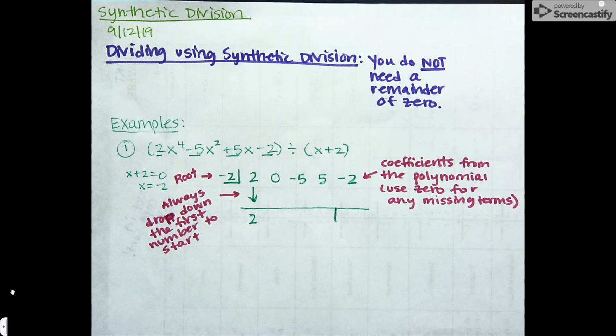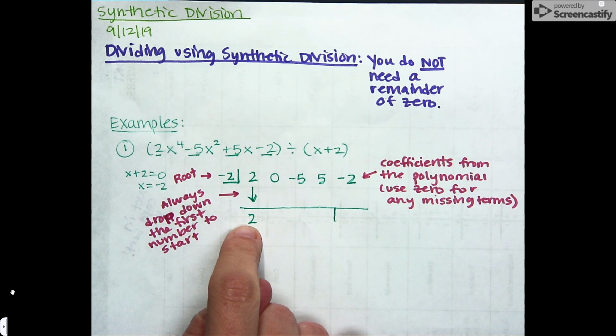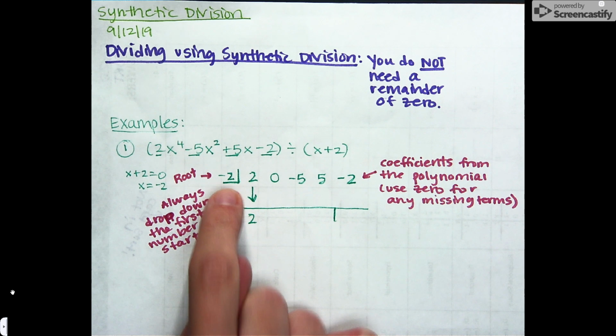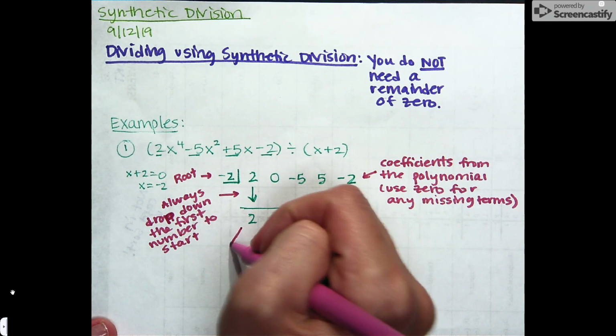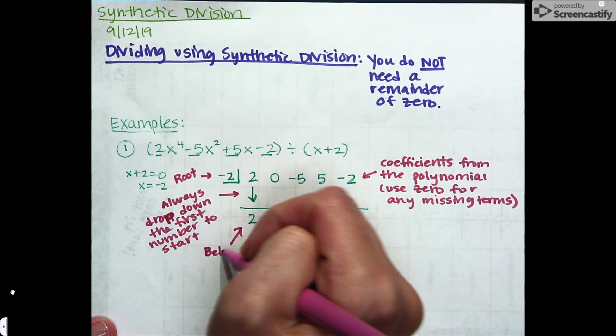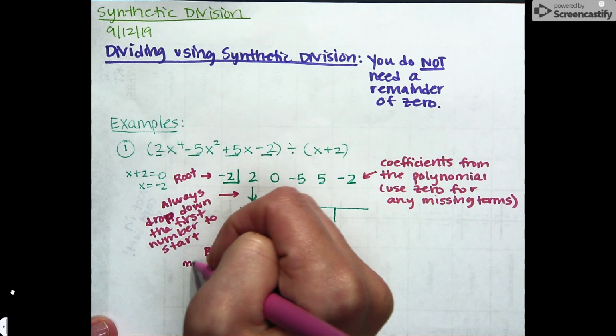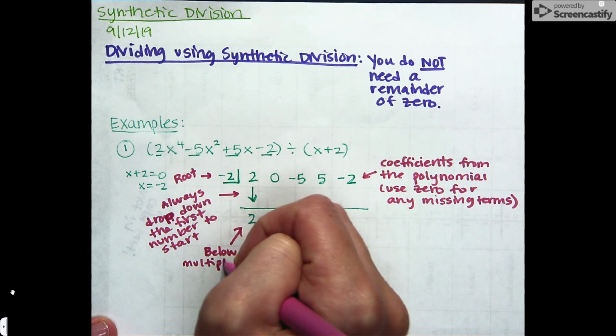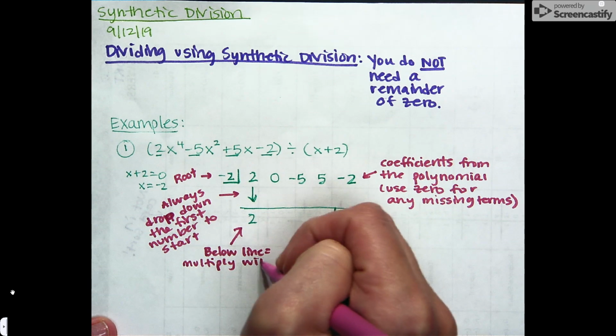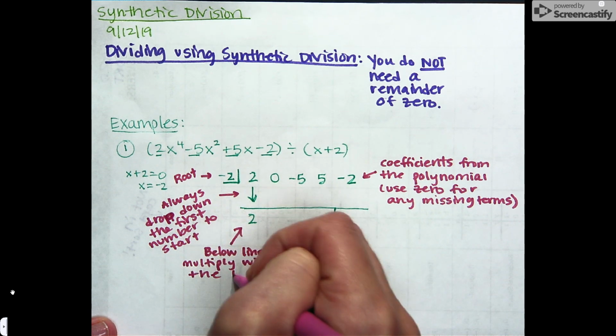Okay, so after you drop down the first number to start, when you're below the line, which my 2 did just become below the line, you're going to multiply with the number in the box. So I'm going to make that note. So below line equals multiply with the box.